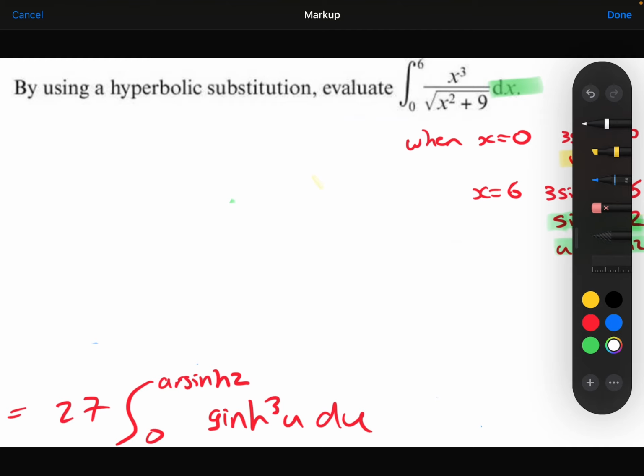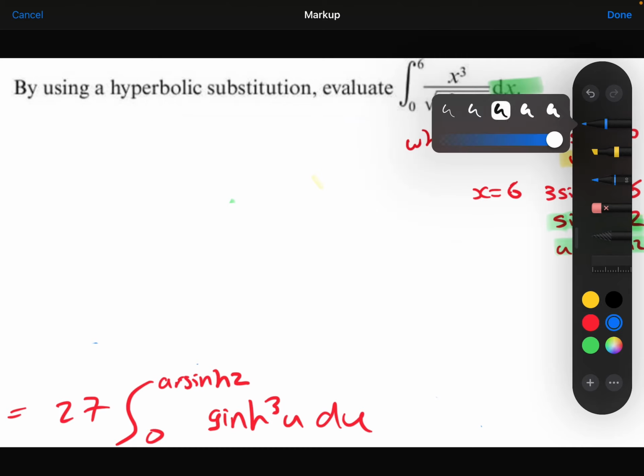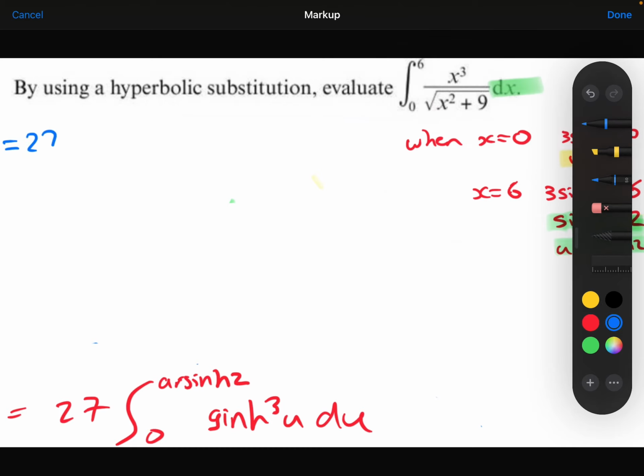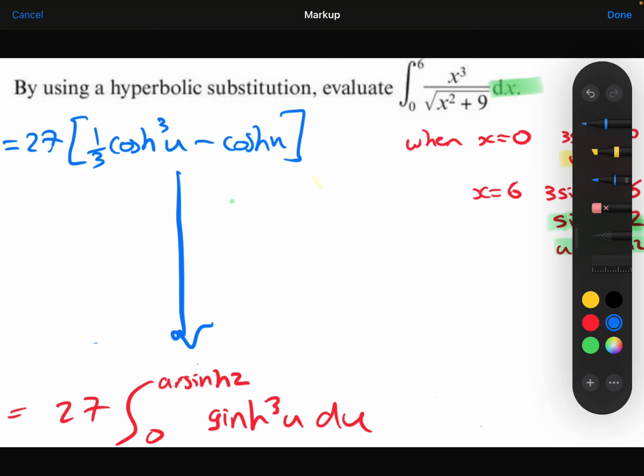I'm not going to go through all of that method again, because I did it in the previous video. So I'm still going to keep the 27 at the front there. And the result from the previous video was 1/3 cosh cubed u minus cosh u. That is the answer to that integral. My limits are r sinh 2 and 0.